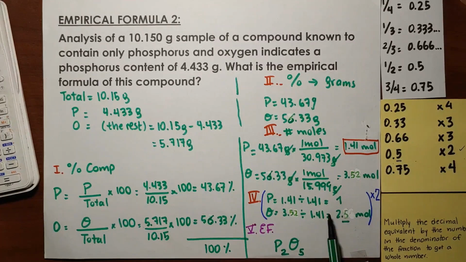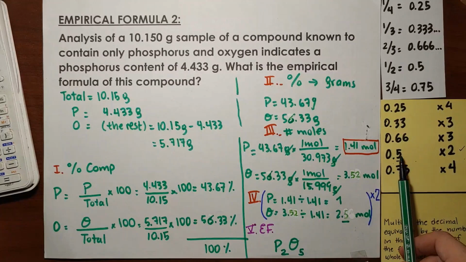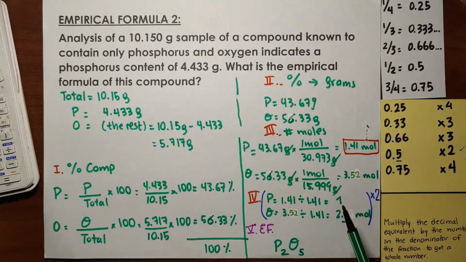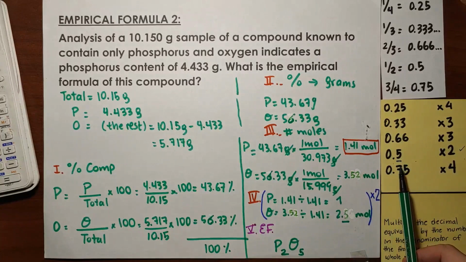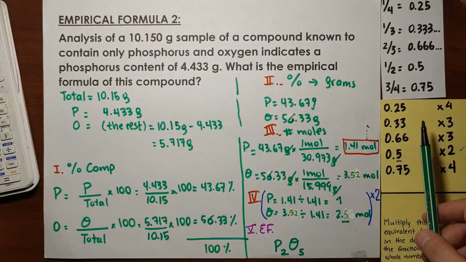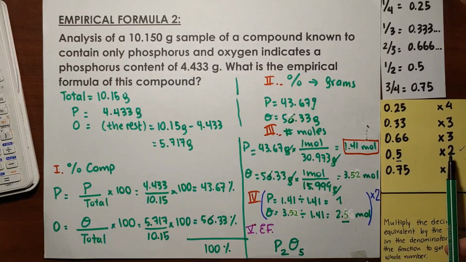And if you get a decimal number, you need to multiply times a multiplication factor that I have over here. As you can see, 2.5 should be multiplied times 2, because it ends in 0.5. Just the 5, not 75 or 25. The 5 alone is multiplied times 2. And here is how you get the empirical formula: phosphorus 1 times 2, 2, and oxygen 2.5 times 2, 5.